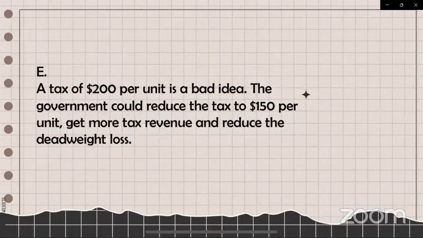And for the answer of the E part, a tax of $200 per unit is a bad idea because it is in a region in which tax revenue is declining.